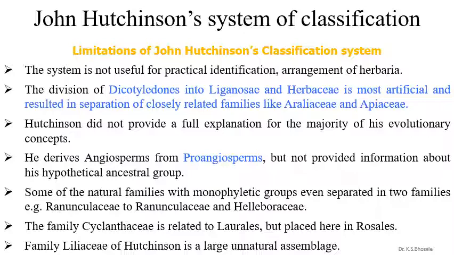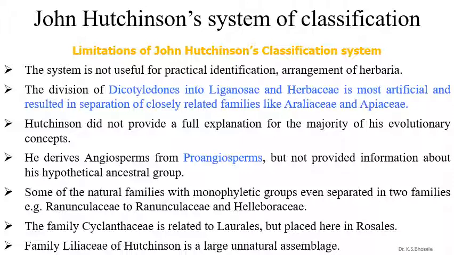He derives angiosperms from a proangiosperm. When he published his system of classification, he said that angiosperms are a monophyletic group derived from a specific genus of gymnosperm, but he failed to tell from which plant angiosperms have evolved.